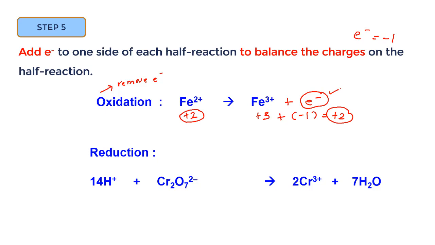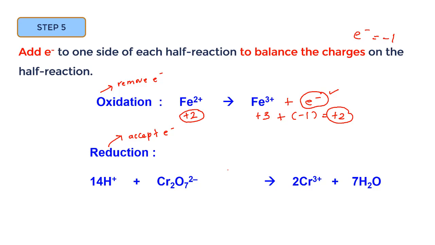Alright, so now let's see the reduction half equation. Reduction half equation. The reduction process is the process where electron is added, or we can say that the species accept electron. Okay. Alright.